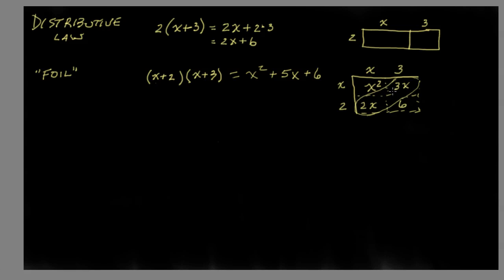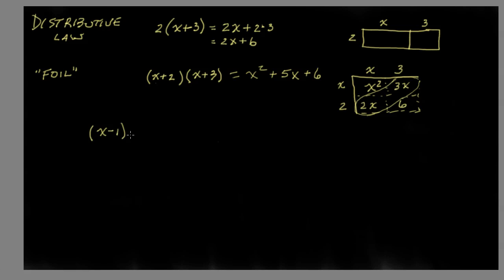And that's what each of these individual small rectangles represent, those 4 multiplications in this case. Again, the limitations of FOIL come from the fact that FOIL is limited to a 2 by 2, a binomial times a binomial. So in a sense, if all you've memorized is the mnemonic FOIL, you're going to run into trouble when you see this problem.